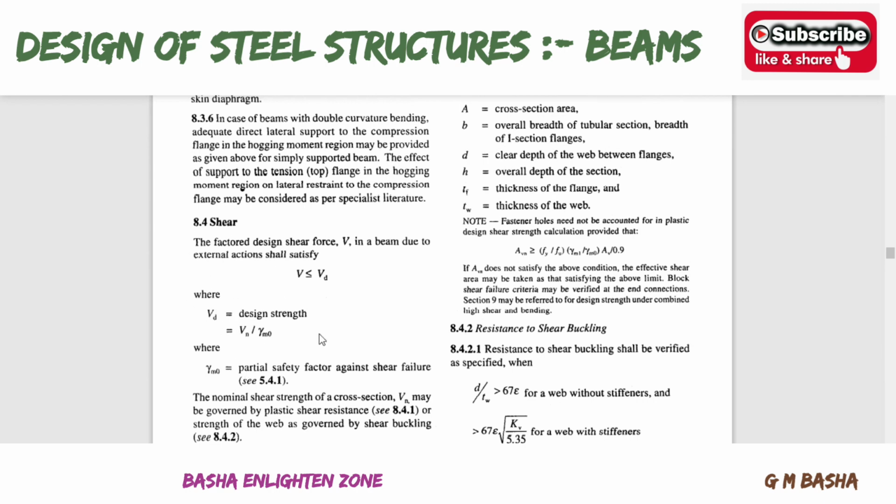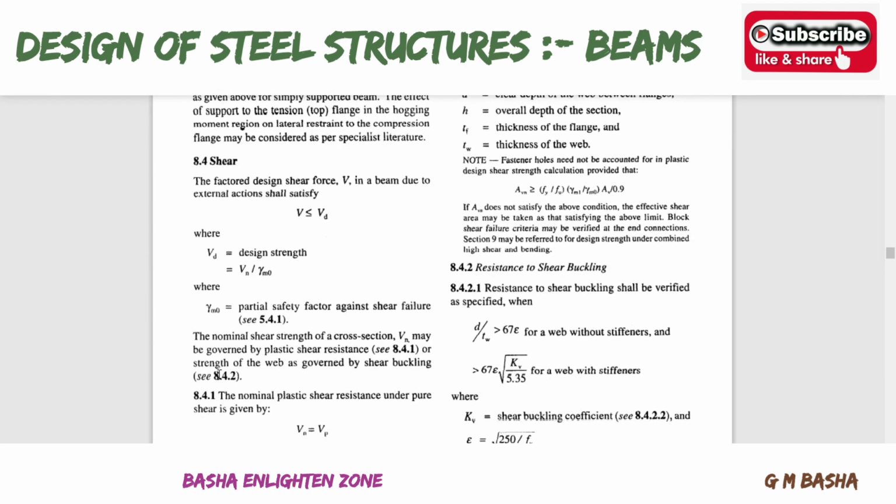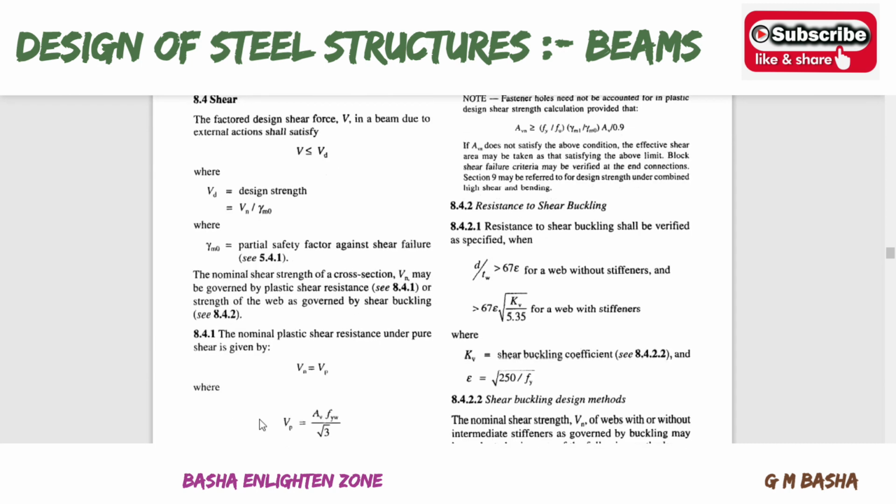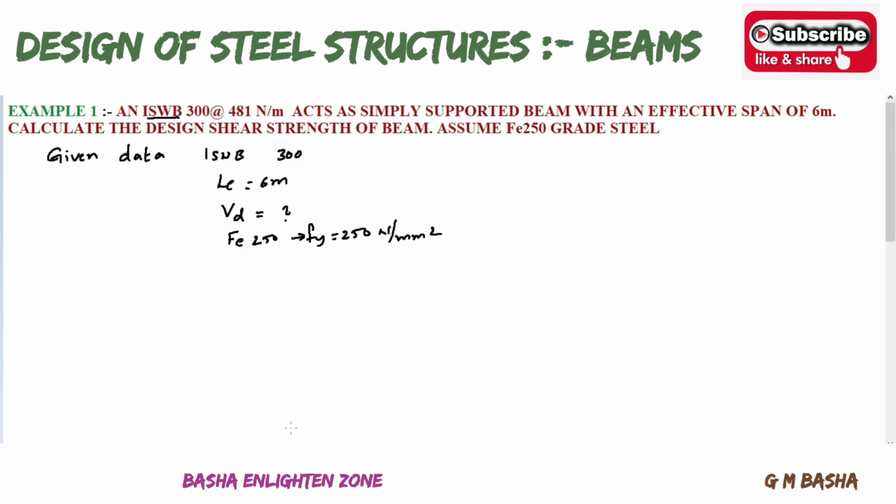Vd equal to design shear strength. Write down this formula first and then choose the properties required for ISWB 300 in the code book or steel book. So Vd will be equal to Vn by gamma m naught.